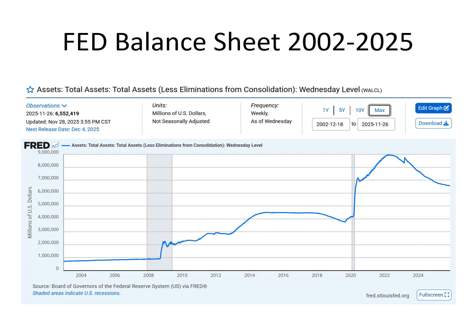To explain the effects of quantitative easing on the Fed's balance sheet, let's take a closer look at the Fed balance sheet from 2002 through 2025. For the longest stretch, late 1960s through 2008, the size of the Fed's balance sheet remained relatively stable at somewhere near $800 billion.